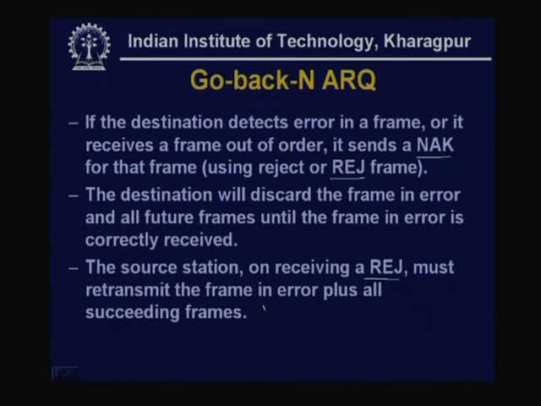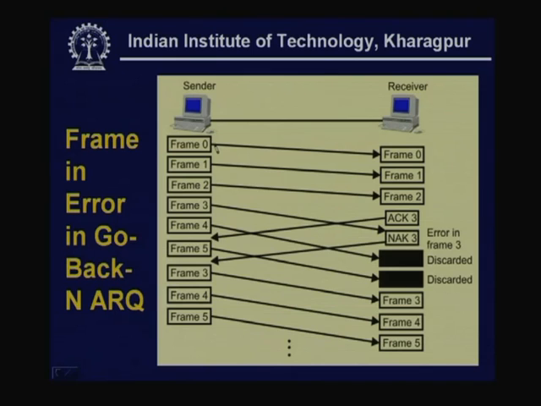Let us see how it actually works. So, here it is explained with the help of this diagram. Frame 0 is sent. So, here it reaches correctly. Frame 1 is sent, then frame 2 is sent by the sender, and you can see for all these 3 frames a single acknowledgement is sent as ACK 3.